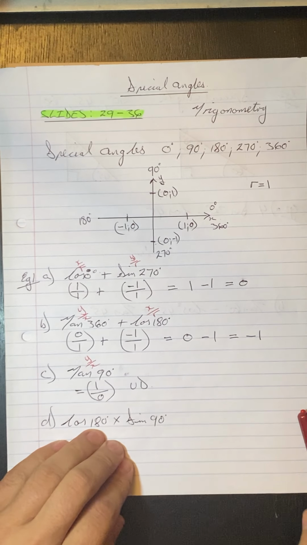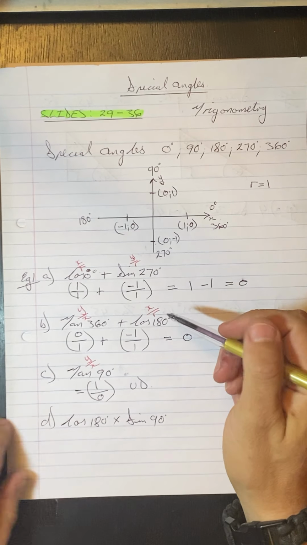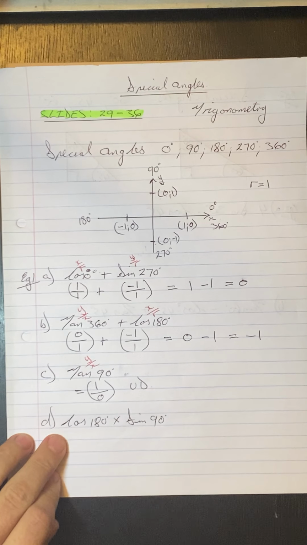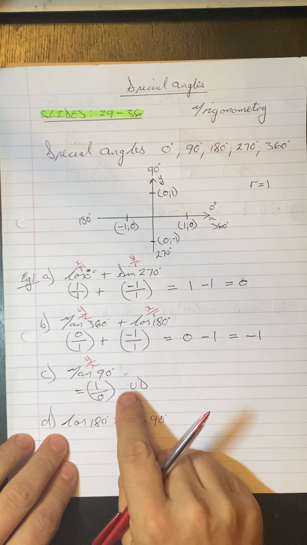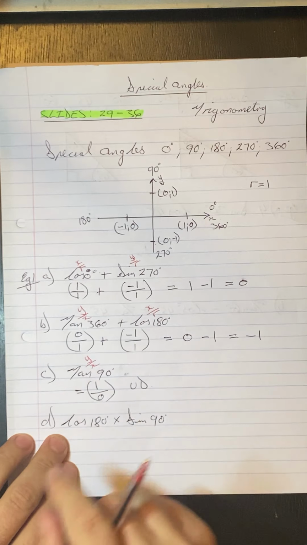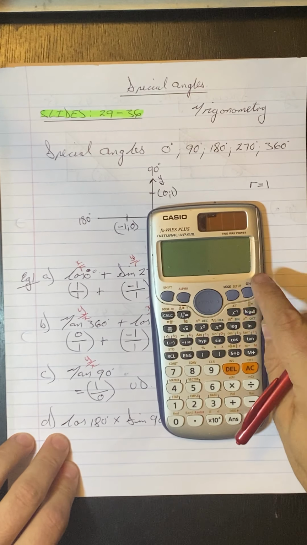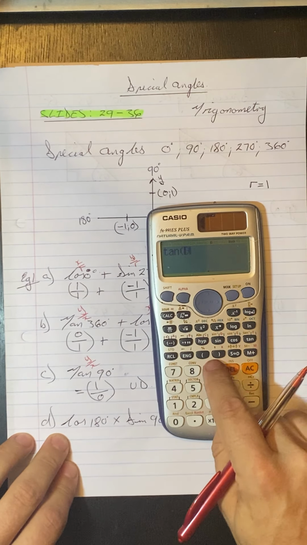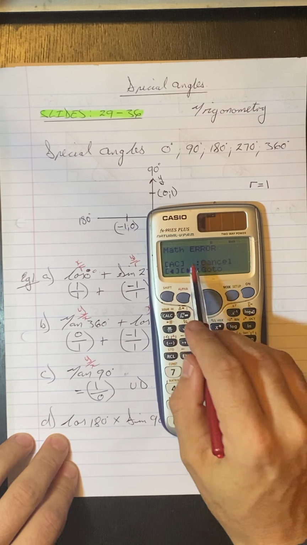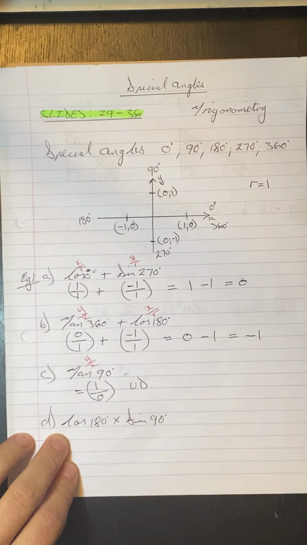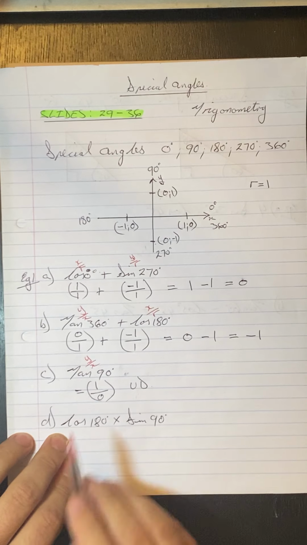So I'm just going to say UD for undefined. Next one. And grade 11s, you can try this on your calculator. Put tan of 90 in. Let's have a look and see what it gives us. Tan of 90 gives us a math error. And that's why, because you're dividing by 0.